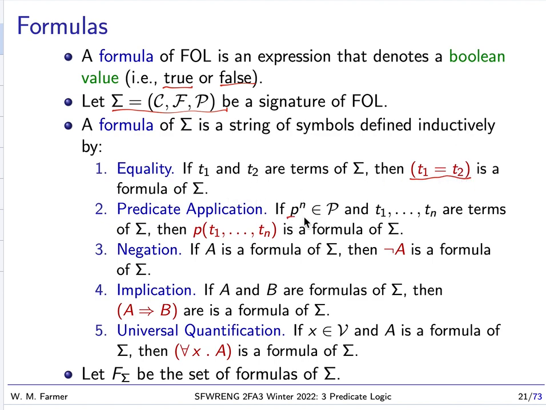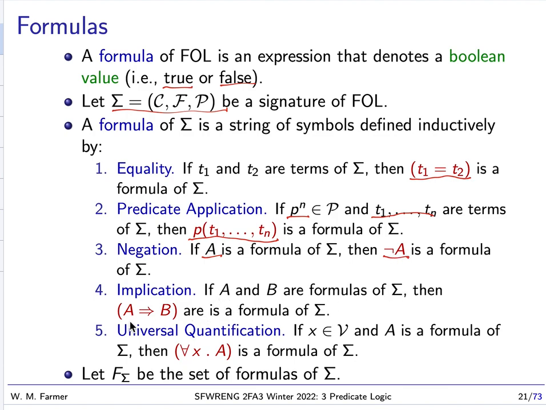If we have a predicate symbol of arity n and n terms of sigma, then the predicate symbol applied to the n terms is a formula. Notice predicate applications are formulas, function symbol applications are terms. Now if A is a formula, then not A is a formula.